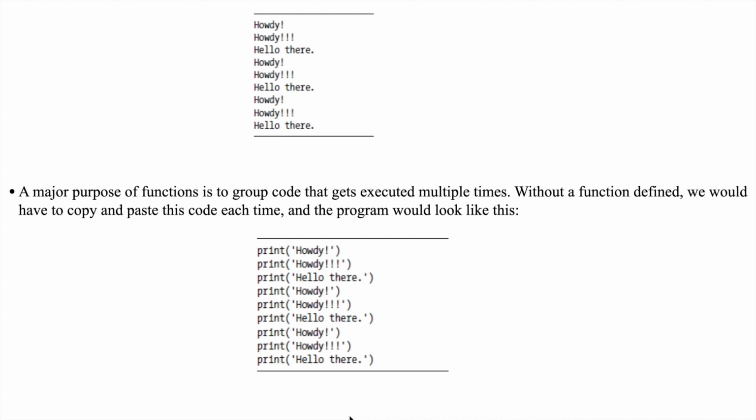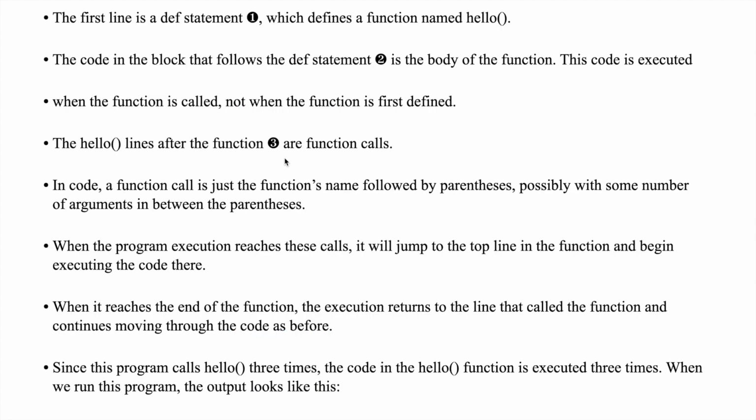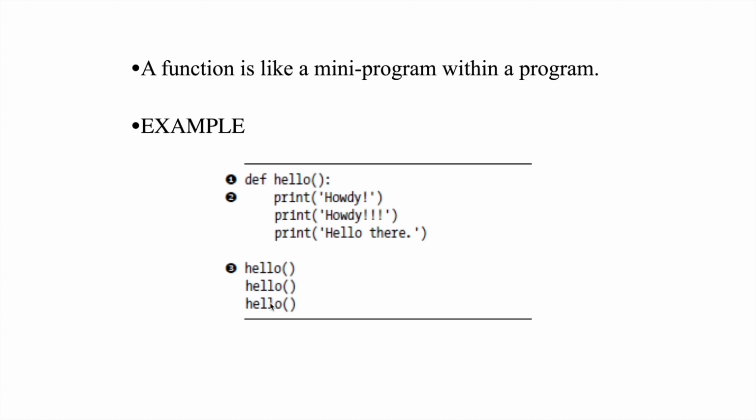Okay, so without a function defined, we would have to copy and paste this code each time. See, for example, a program to print this statement, same output. So with a function you can write it like this.